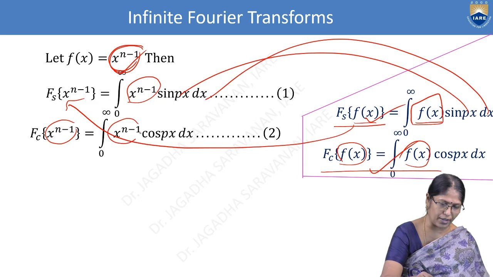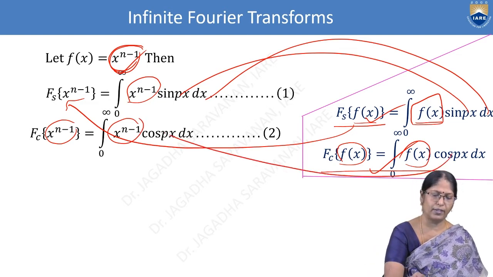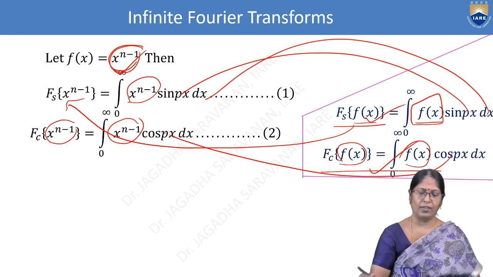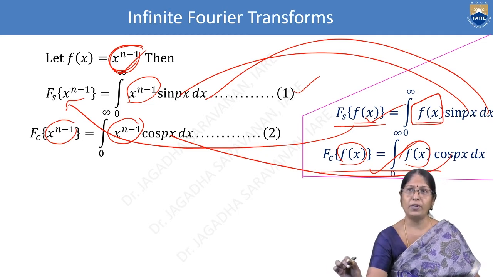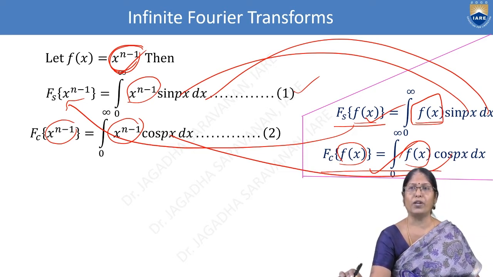That's what is written here: x power n minus 1 cos px dx. The first one, that is fs of x power n minus 1, we named it as equation 1. Fc of x power n minus 1, we named it as equation 2.